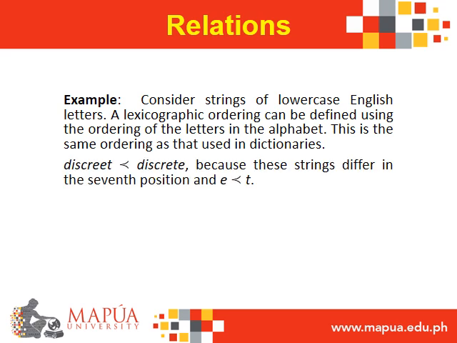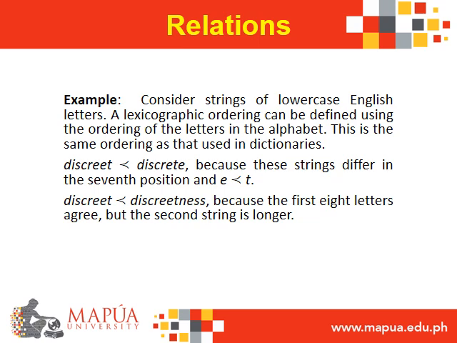Therefore, the word discrete is written ahead of discrete, because these strings differ at the seventh position, with the letters E and T. Obviously, E comes first before T. Then discrete comes before discreteness, because the first eight letters of the two strings agree. However, the second string turns out to be longer than the first string. Therefore, the shorter string comes first, as seen in your dictionary.